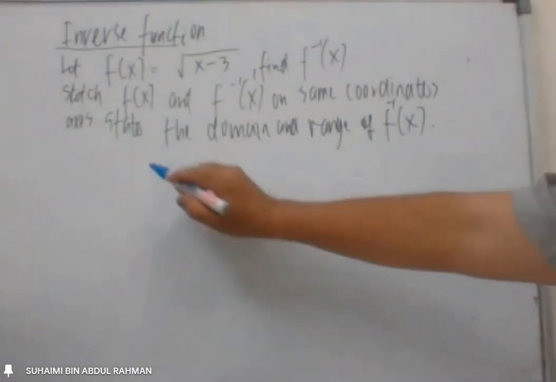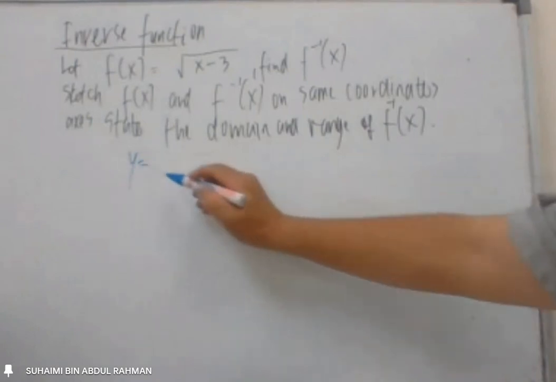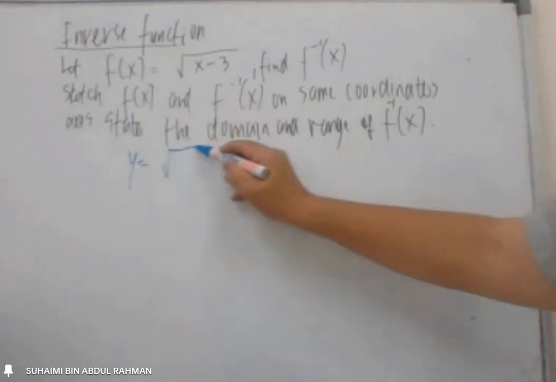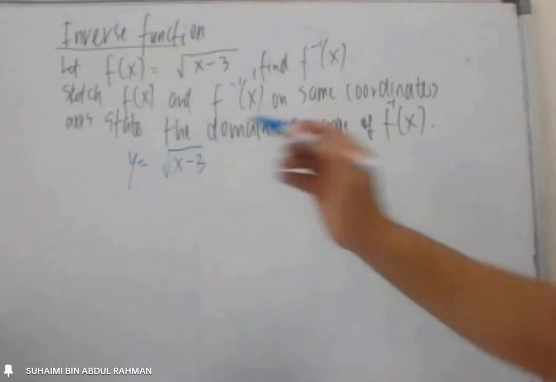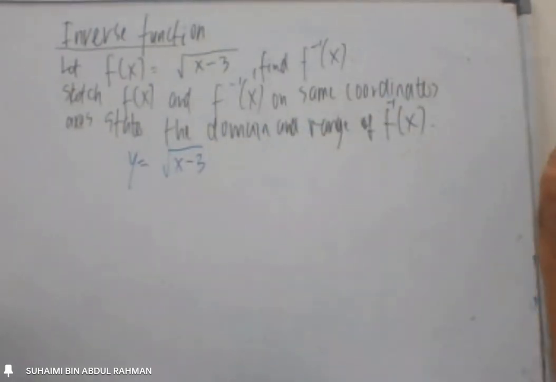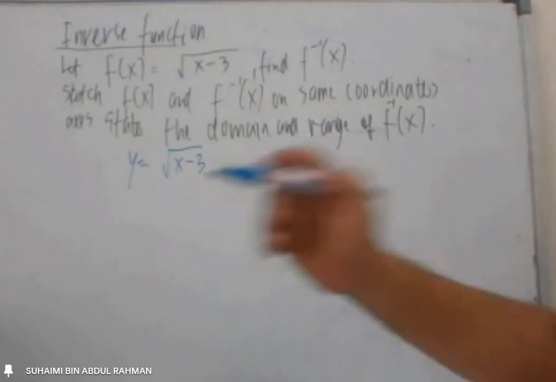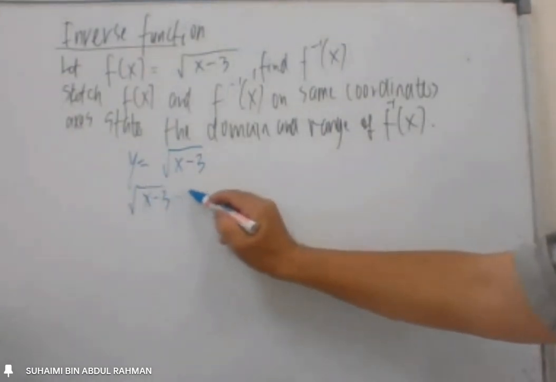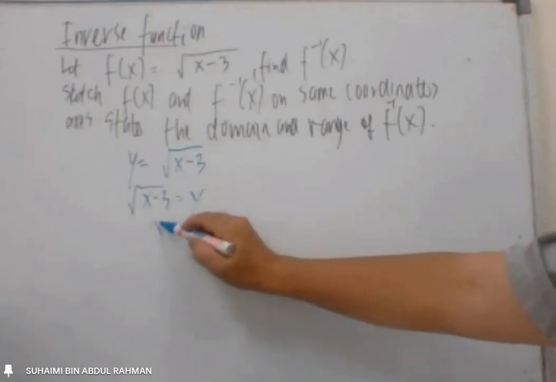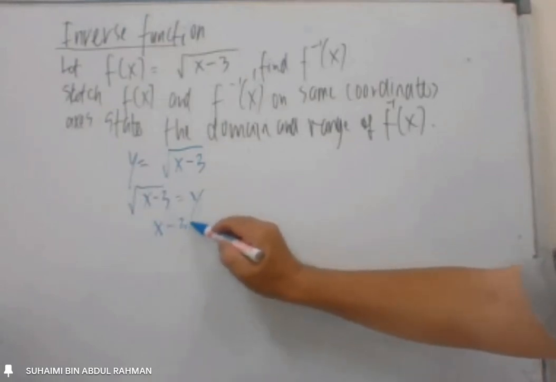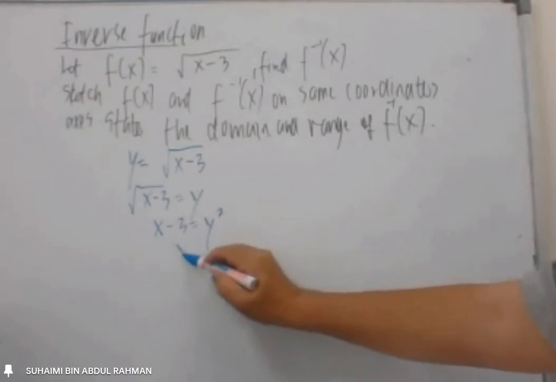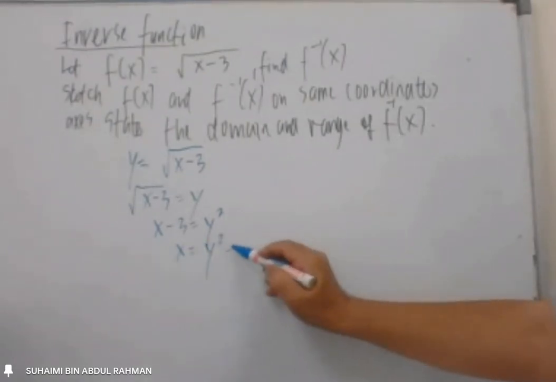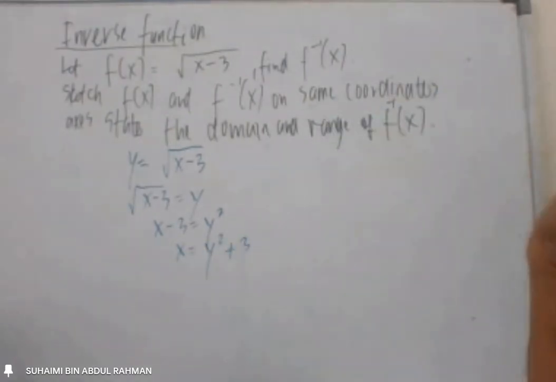To find the inverse function, we make y equal to f(x). y is the square root of x minus 3, or the square root of x minus 3 equal to y. x minus 3 equals y squared. x equals y squared plus 3.